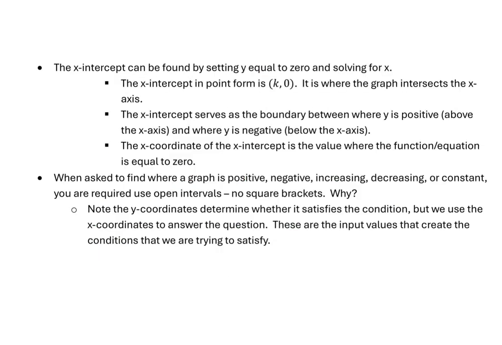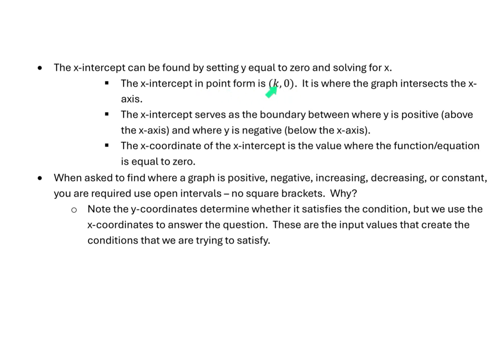All right, a couple more things before we get into our examples. So we talked about y-intercept, we talked about slope, and the last thing that linear equations have is x-intercepts. The x-intercept can be found by setting y equal to 0 and solving for x. If it's in point form, it is k comma 0.